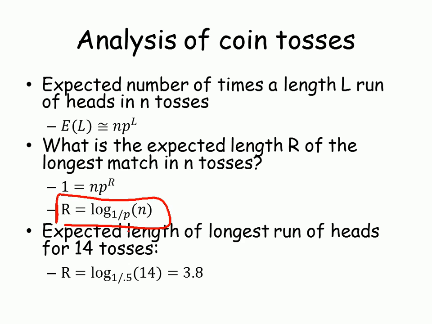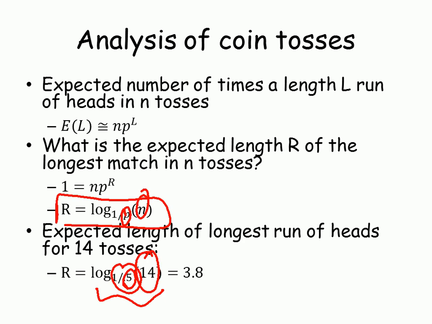The next question, the one that we were going to solve but I didn't solve there, is the expected length of the longest run of heads. So we just plug the numbers into this equation. P is 1 over 2, that's 0.5, and then n is 14. And then we find this value.